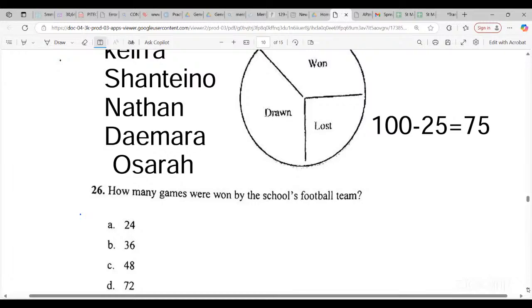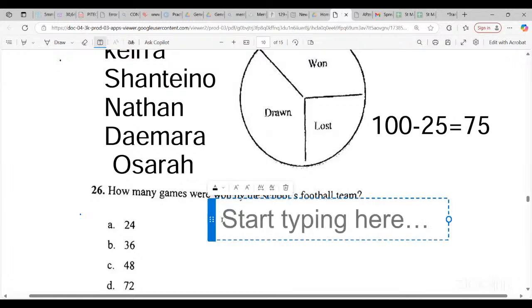Sir, can I say something? Go ahead, Kira. Sir, it can be 24, because 24 plus 24 is 48, and you subtract 48 from 96, and that would give you the loss section. So it can be 24.